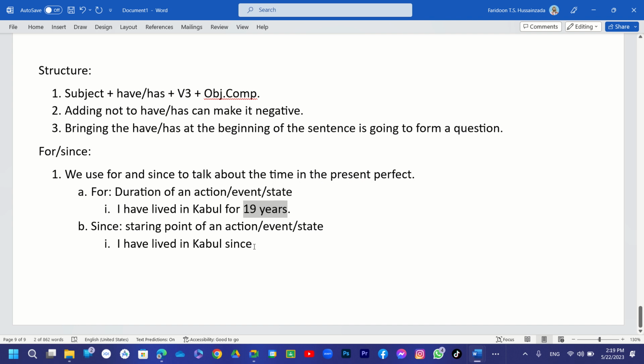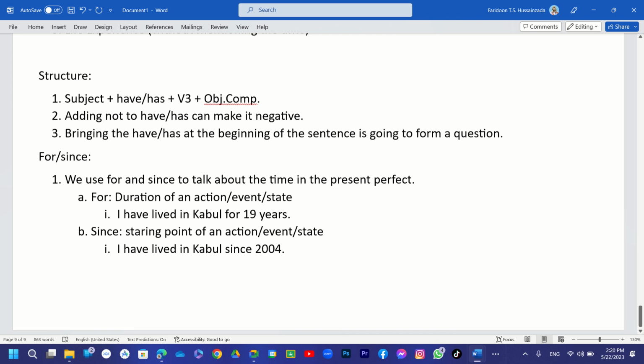But if we come with since, now it's the starting point. When did this action start, or when did this state start? I have lived in Kabul since 2004, whichever is good. You choose one. So I've lived in Kabul since 2004 and I've lived in Kabul for 19 years.